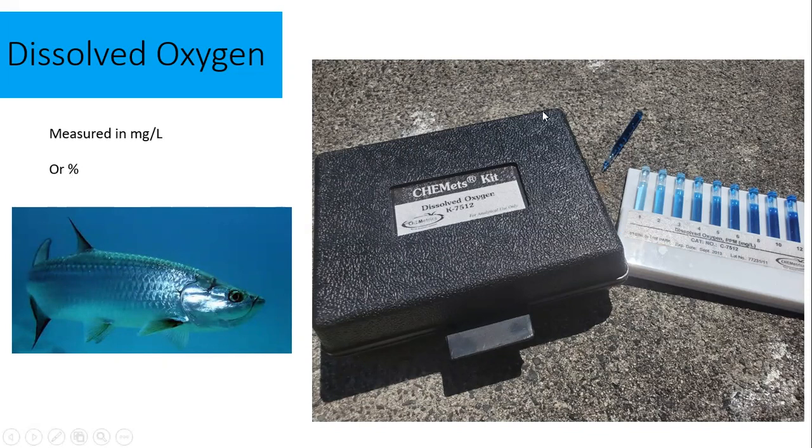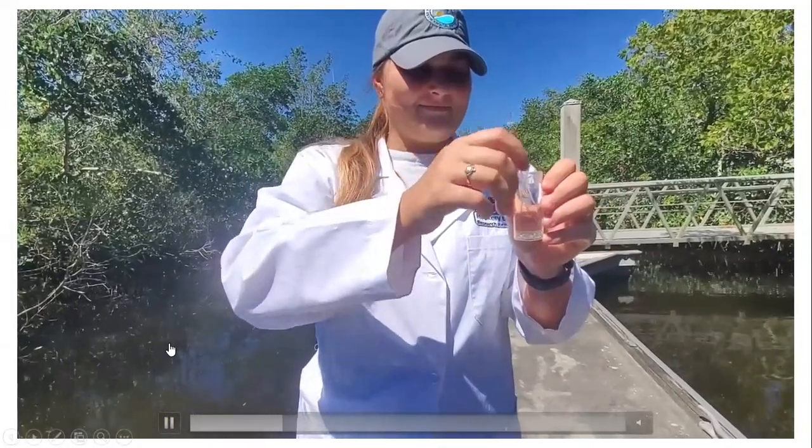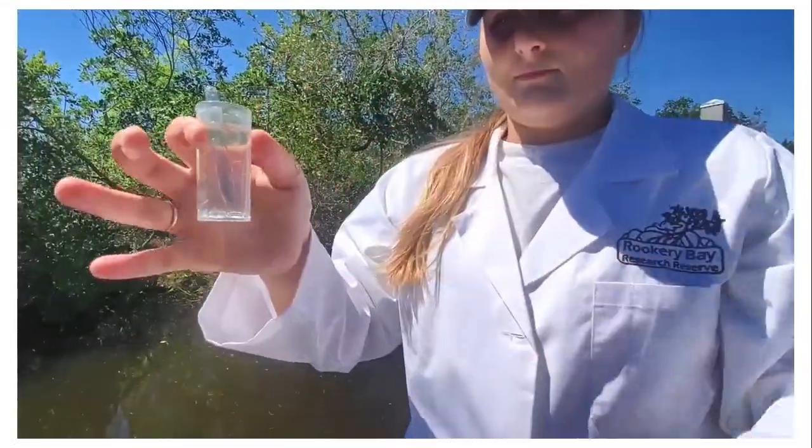So this little kit over here is a dissolved oxygen kit. You can either use a fancy probe to test dissolved oxygen, or you can do this color test. And how it works, Morgan's going to demonstrate in this video. This vial she's holding has a chemical in it, and when it mixes with the water, it's going to turn blue.